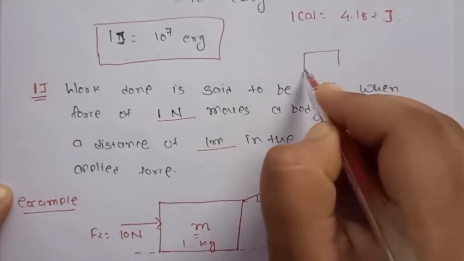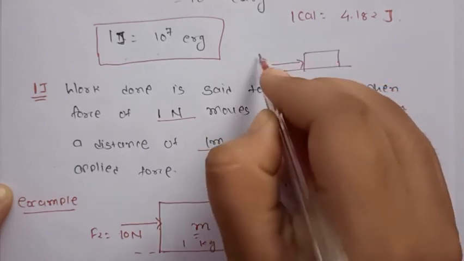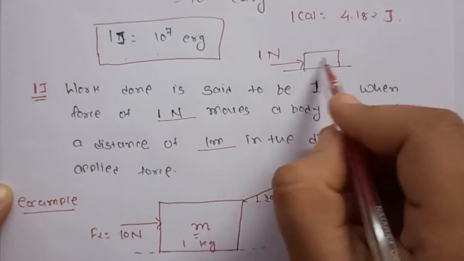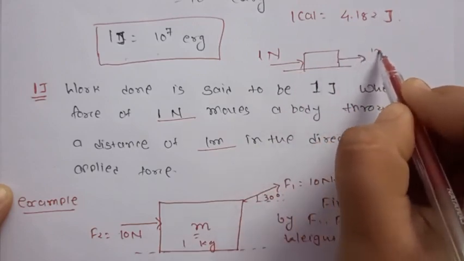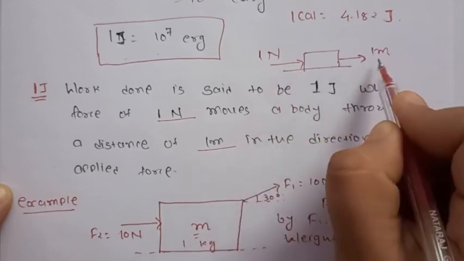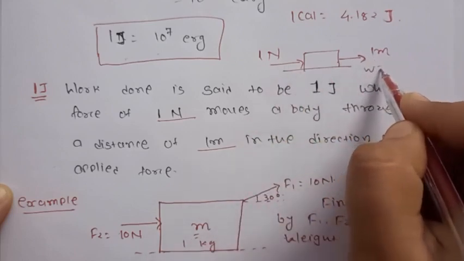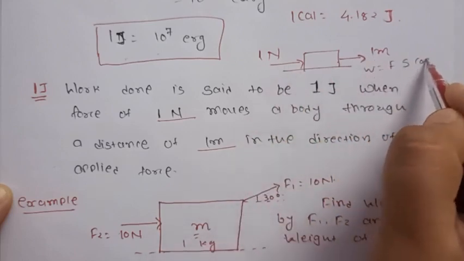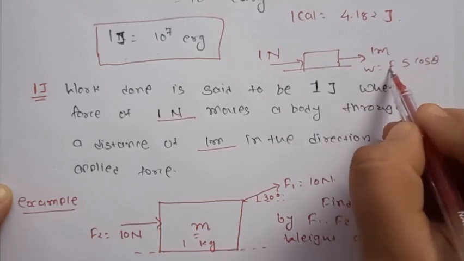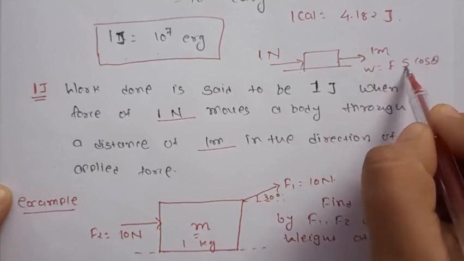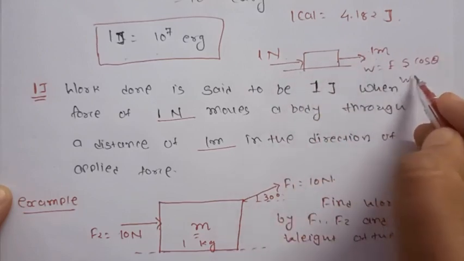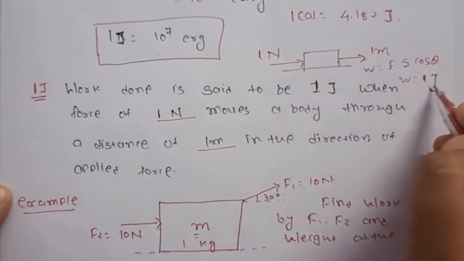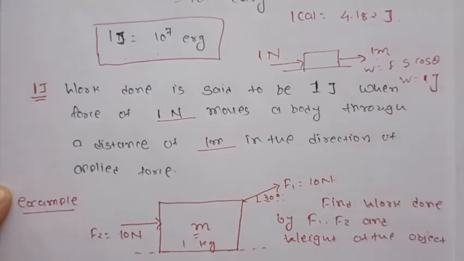Let's say there is one object, we are applying a force of 1 Newton, and due to the application of this force, this body displaces by 1 meter in the direction of force. Then work done is F into S into cos theta. Force is 1, displacement is 1, angle between force and displacement is 0. So work done will be equal to 1 joule.